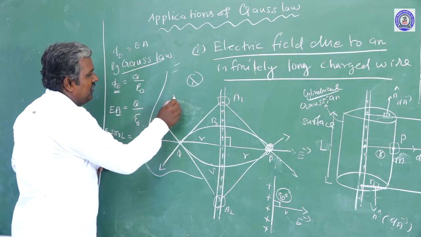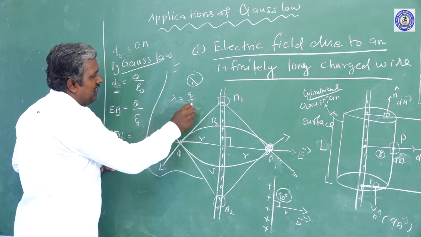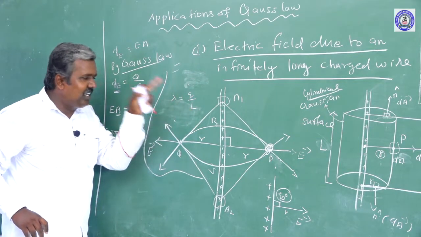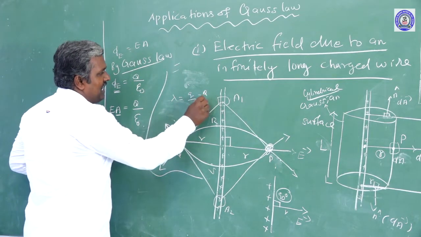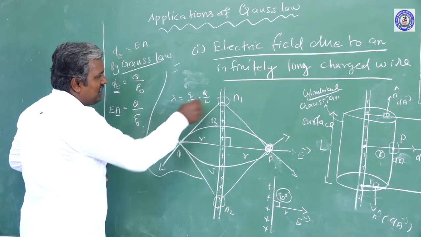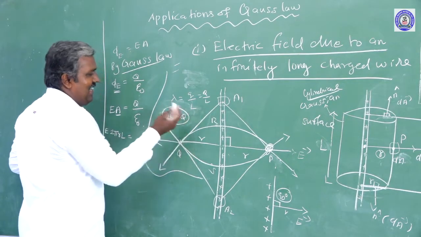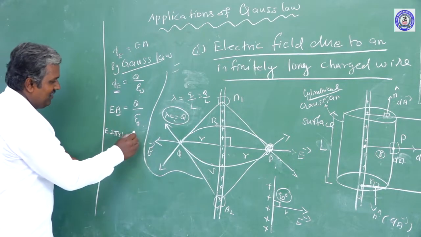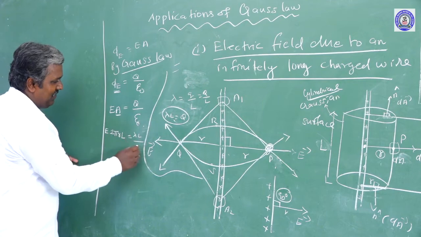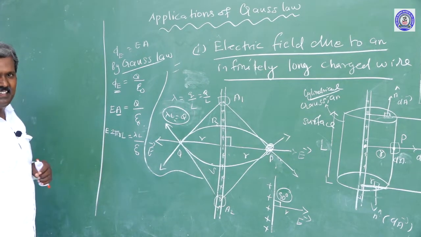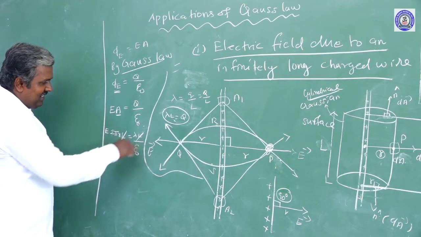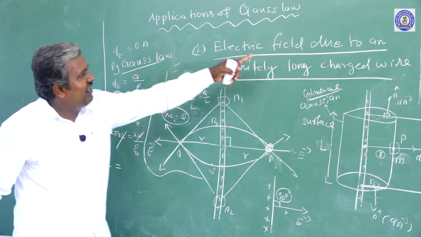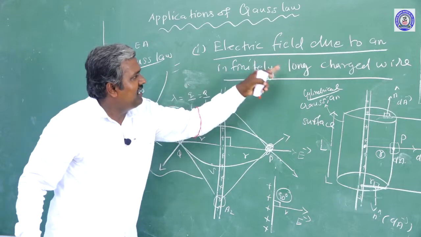So lambda can be written as charge per unit length, or capital Q by L. So capital Q is equal to lambda into L. Therefore, lambda into L by epsilon naught. L cancels.